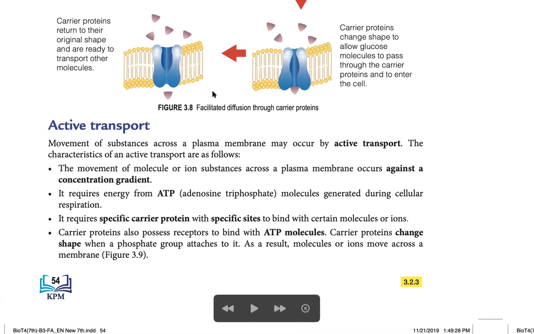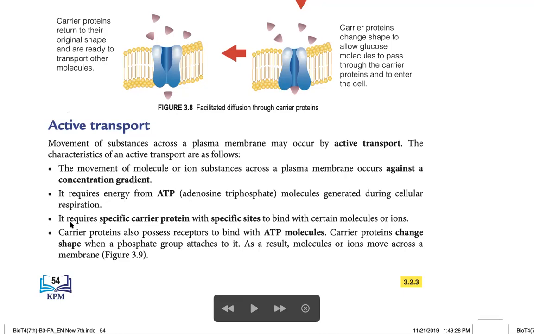Kalau down concentration gradient, maksudnya higher concentration dia akan pergi dekat lower concentration. Tapi ini terbalik. Maksudnya daripada yang sini dah lower, yang sini higher, yang lower pula pergi kat higher. Maksudnya there is imbalance. Imbalance dynamic equilibrium. Itu maksud dia. And then it requires ATP energy. Dia memerlukan tenaga. Sebab tu dia aktif.